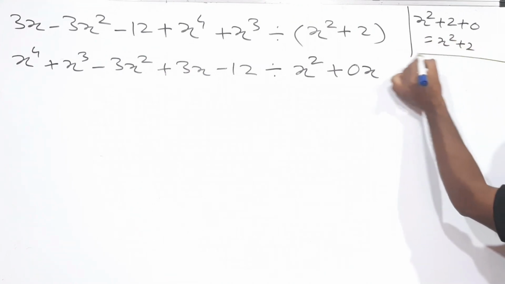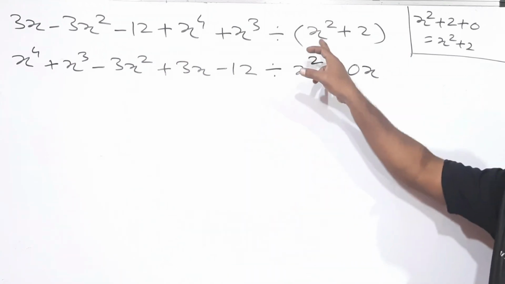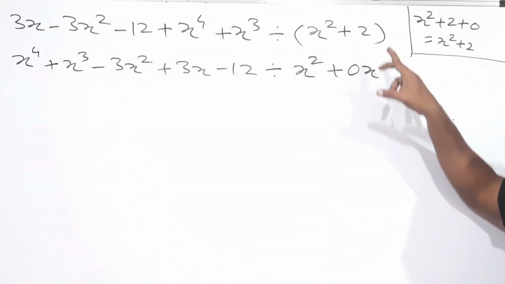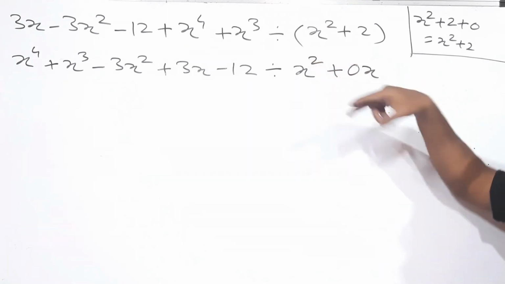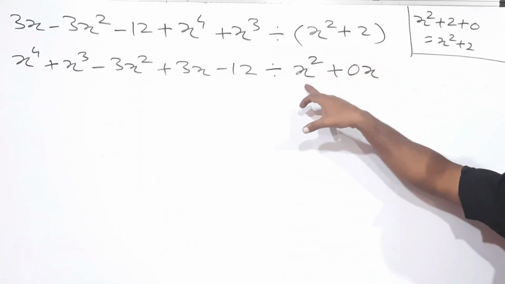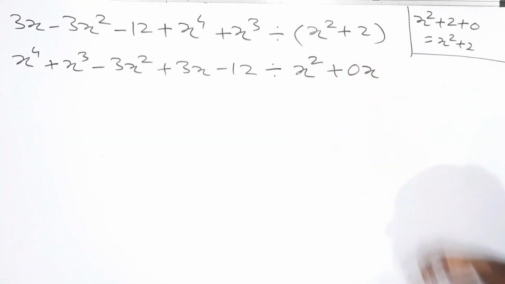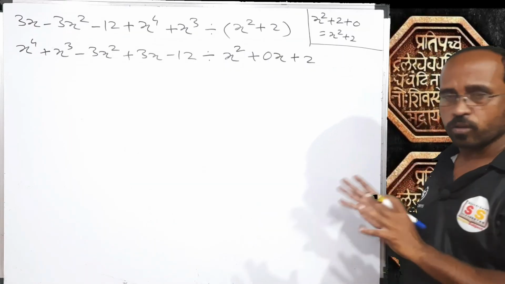So are we changing the value of this polynomial? No. Without changing the value of the polynomial, we are arranging it in the descending order of the indices. So this polynomial is equal to x square plus 0x plus 2. Now it's arranged properly in the descending order of the indices.